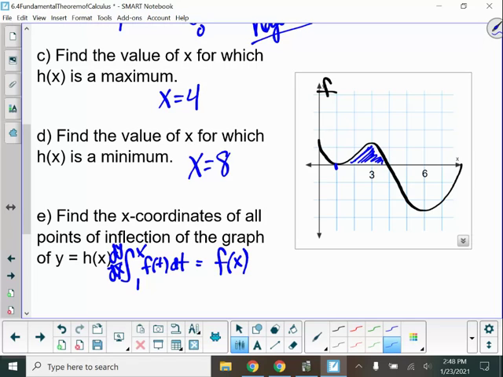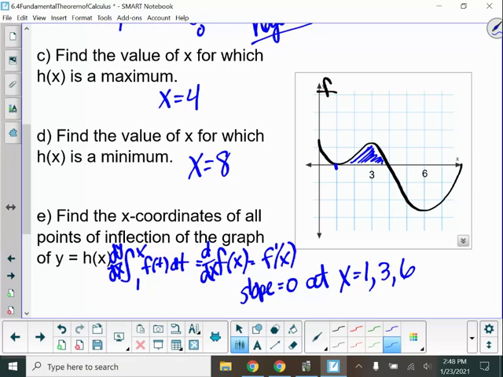And then if I take the derivative of this, I'm going to get f prime of x, which would be the slope. So anywhere my slope is equal to 0 is going to be where I have a point of inflection. So that happens at x equals 1, 3, and 6. Those would be all the places where we have points of inflection, again, by taking the second derivative.